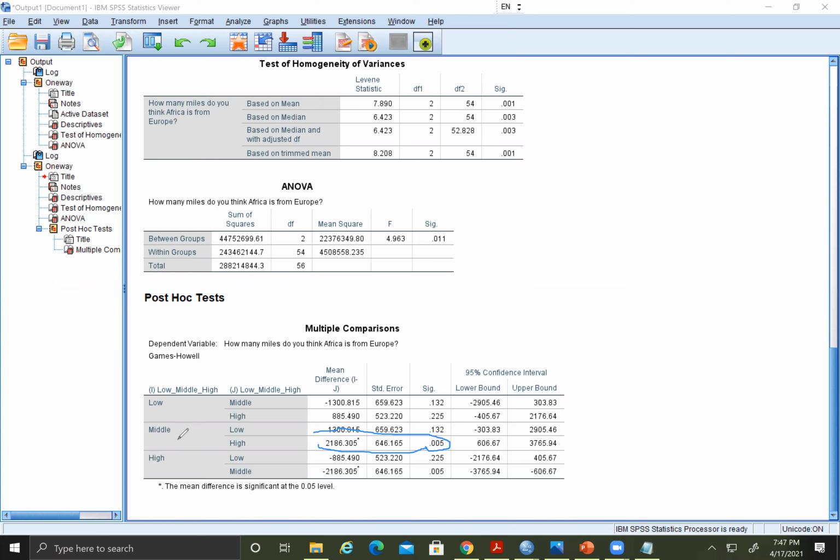This row tells us the ones from the middle ladder society reported a higher mean value for this distance than the high society ladder group. And the mean difference is significant in this case.